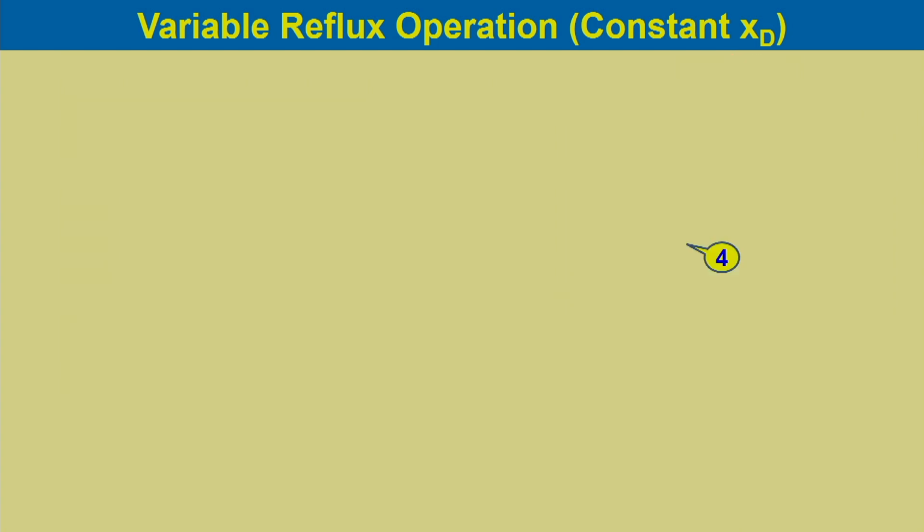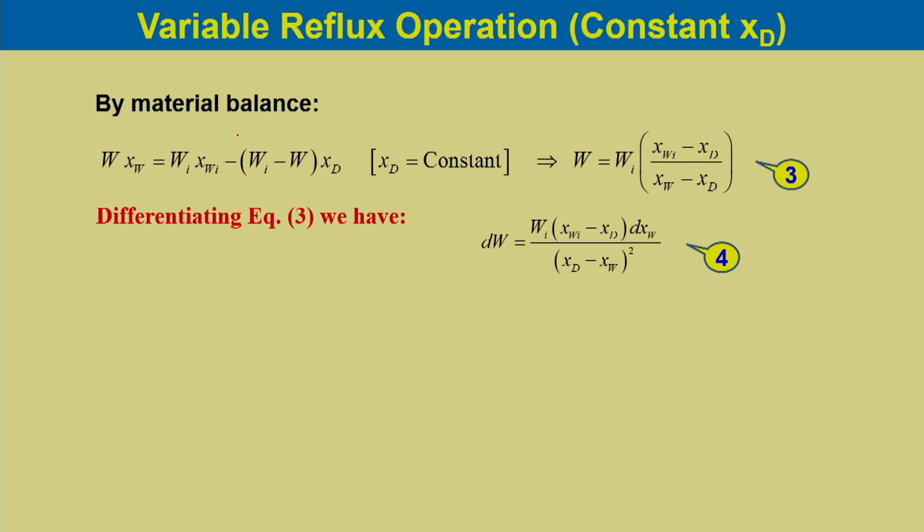Now, if we do the material balance, in this case W xW would be equal to Wi xWi minus (Wi minus W) into xD. So, Wi is the initial moles in the still pot and its composition is xWi.